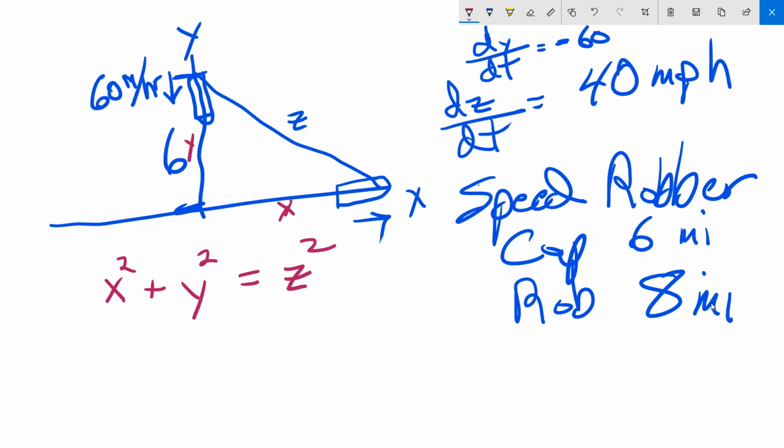Yes, sir. In other words, everything they've given us is some d of something over dt. And what are they looking for? They're looking for dx/dt. That's what we're trying to solve for. That's the speed of the robber car, dx/dt, right? Yes, sir. Okay, so what's the next step in this equation?